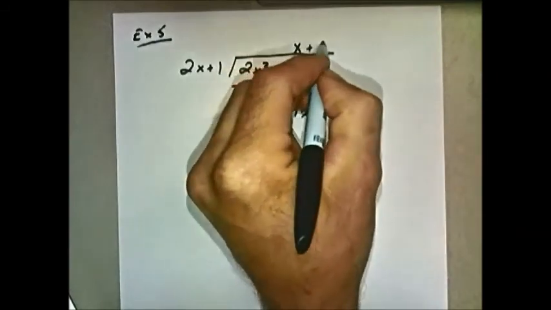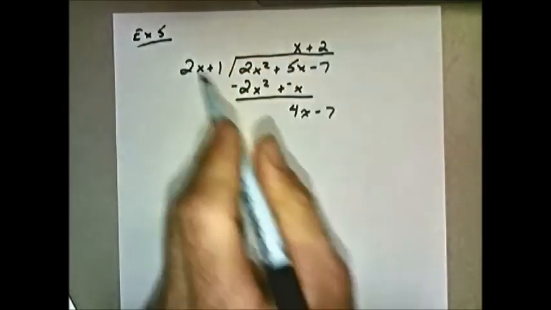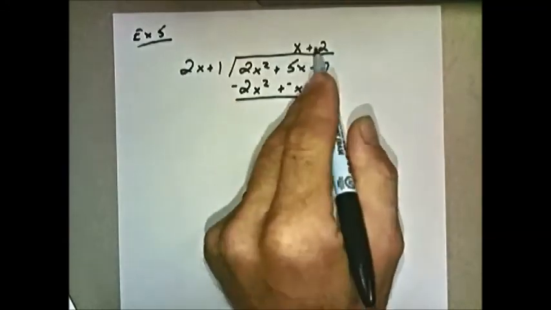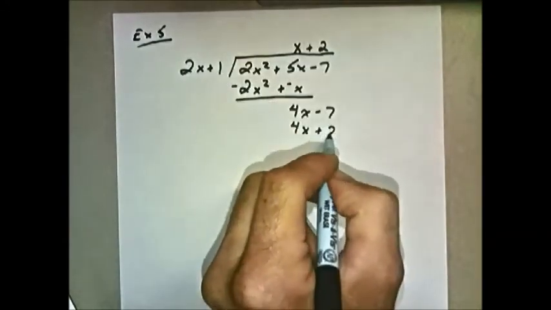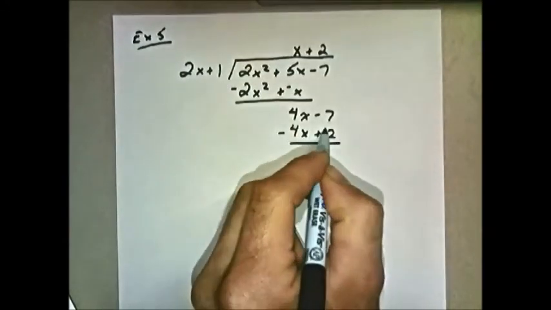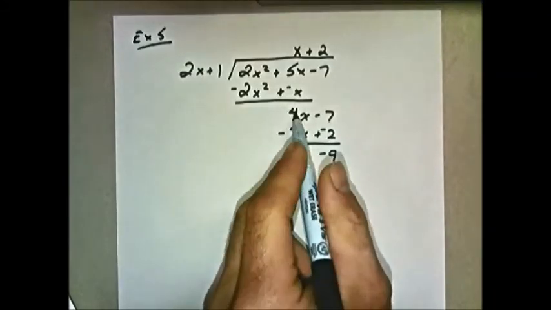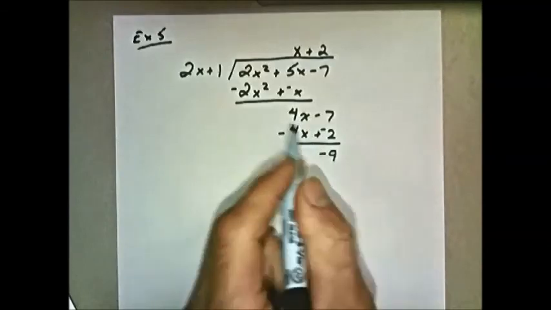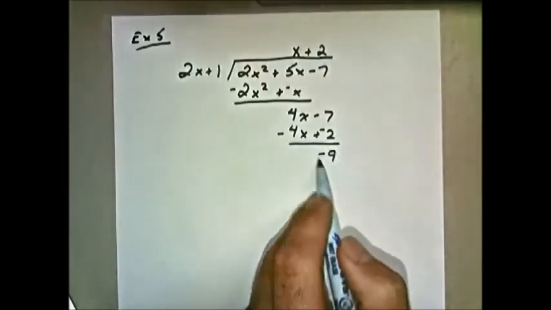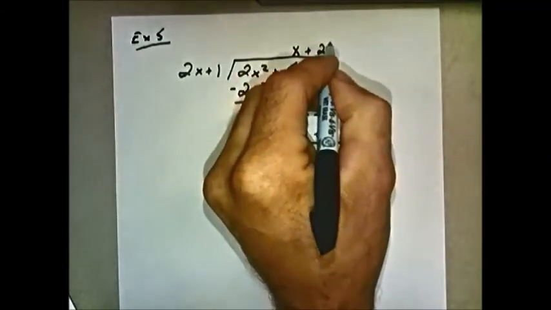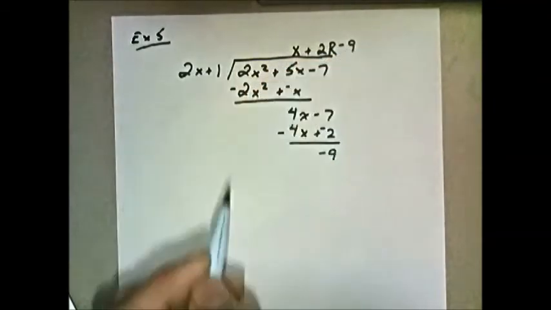That answer is 2. 2 times 2x is 4x. 2 times 1 is 2. Change the signs. We get negative 9 and no x's. 2x does not go into negative 9, so that is our remainder, negative 9.